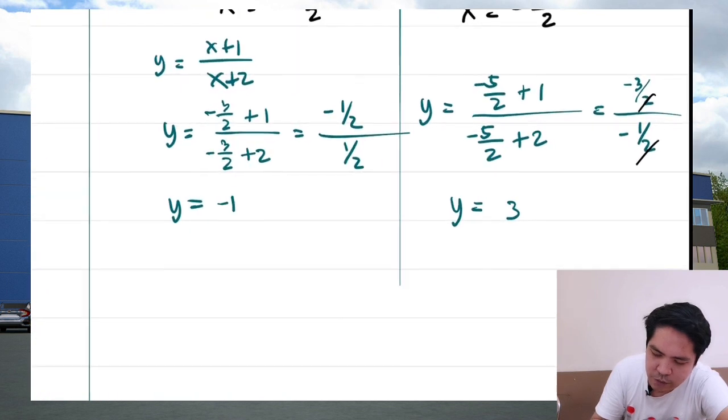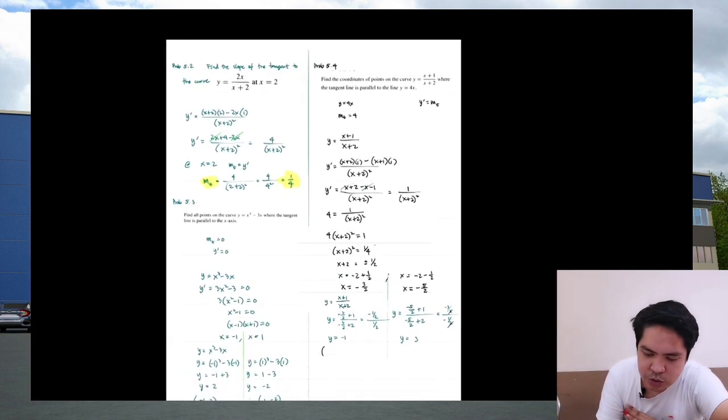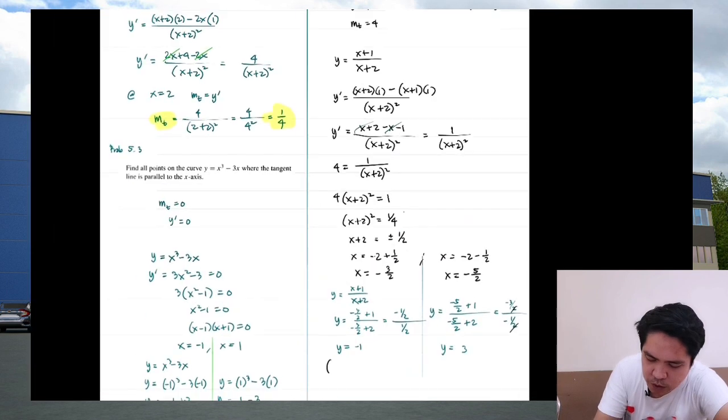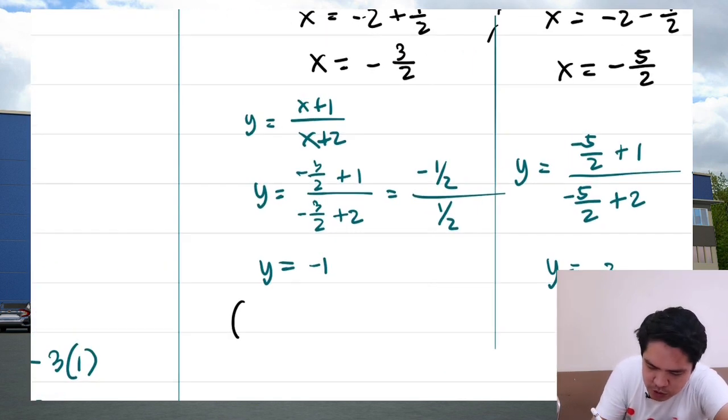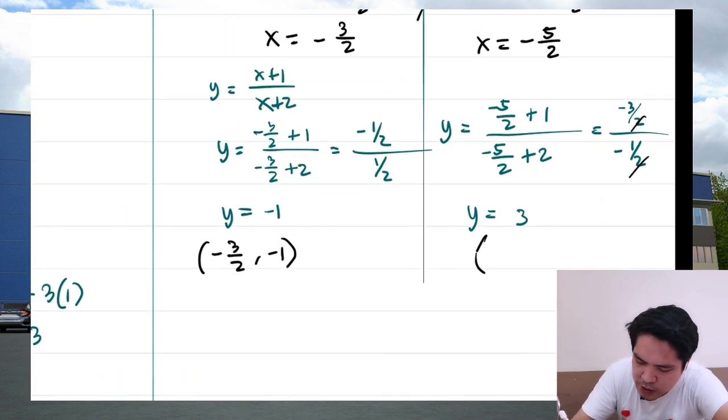So therefore, the points of tangency wherein the tangent line is parallel to y is equal to 4x, or has a slope equal to 4, are these points: negative 3 halves, negative 1, and negative 5 halves, positive 3.